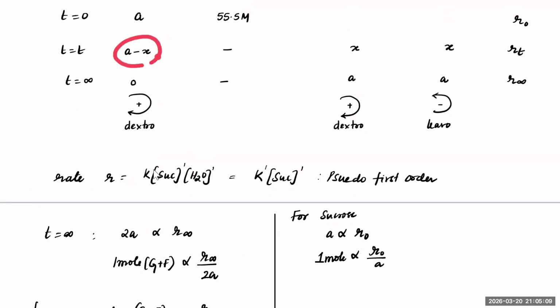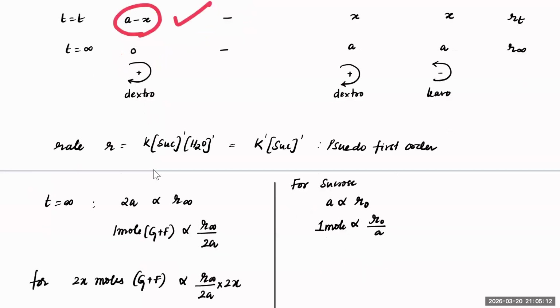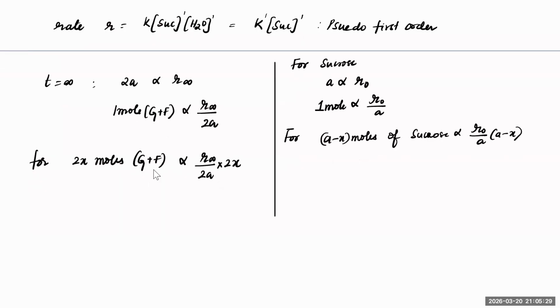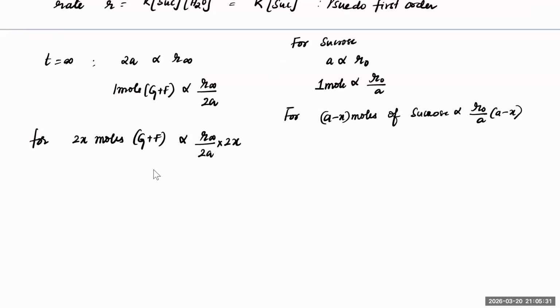After time t, how much sucrose is left? a minus x. So for a minus x moles of sucrose, the optical rotation will be R naught by a into a minus x. Correct?